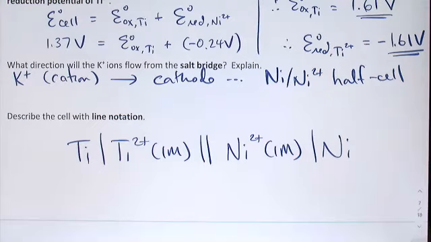Okay, do we agree? So line notation, the anode goes first. So the titanium metal strip is in a solution of titanium 2 plus. Salt bridge, on the other side of the salt bridge is the nickel solution, which has a nickel strip in it.